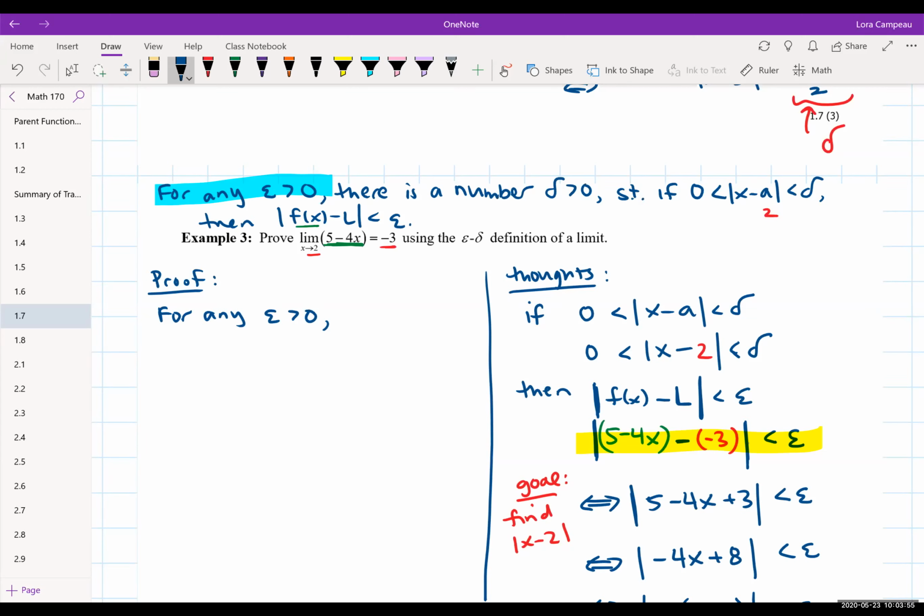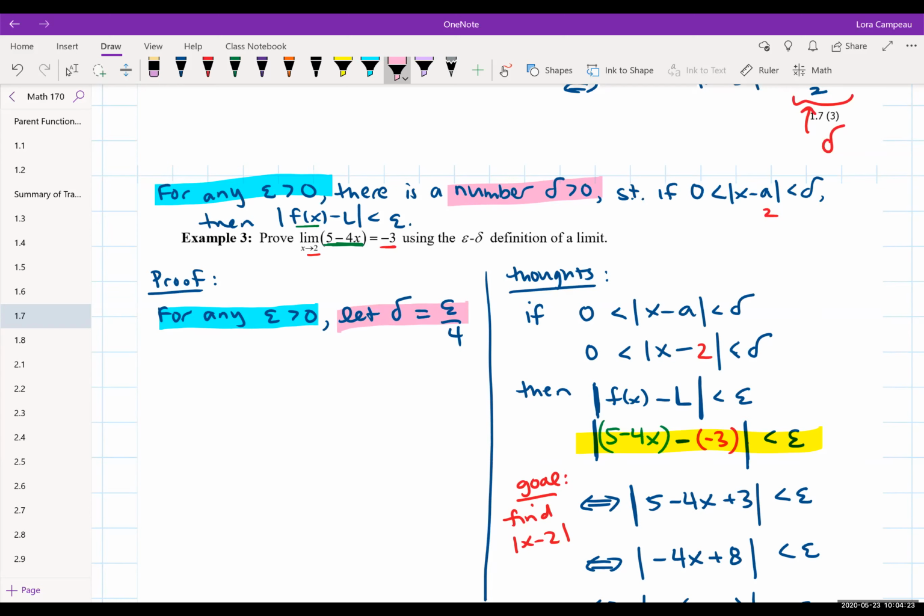Then the next piece we address: we have a number delta greater than 0. This time we know who delta is. In our case, it's equal to epsilon over 4. I'd like to highlight that as I go through the proof, I'm stating all the criteria of the hypothesis.